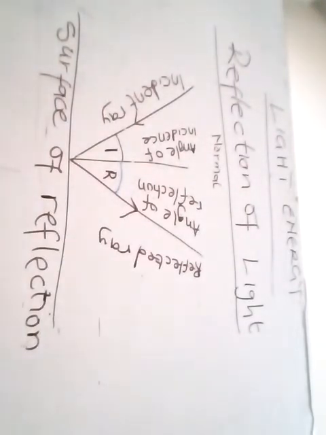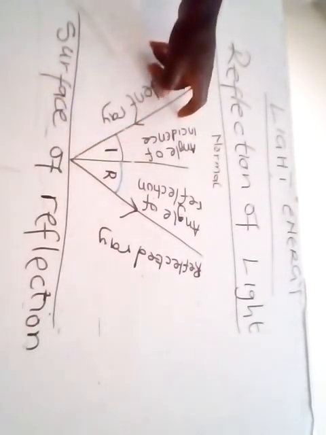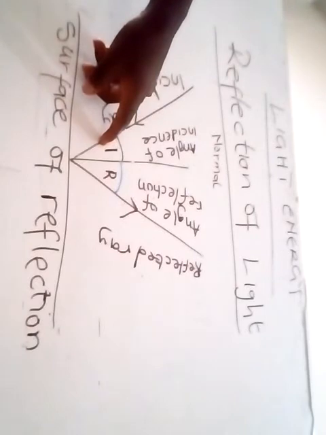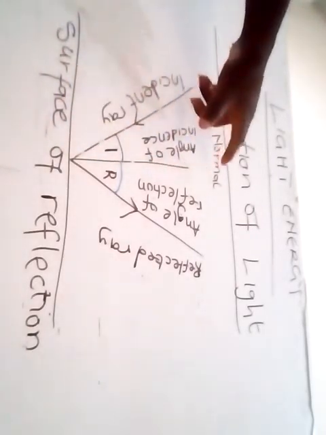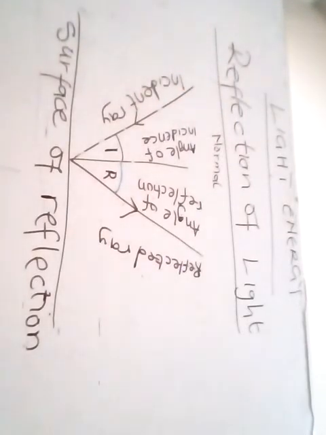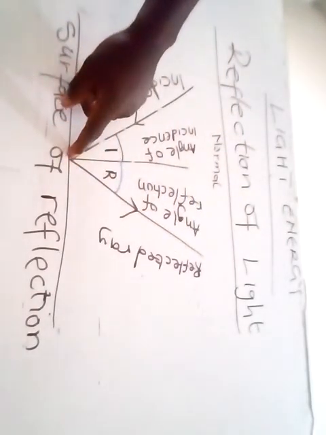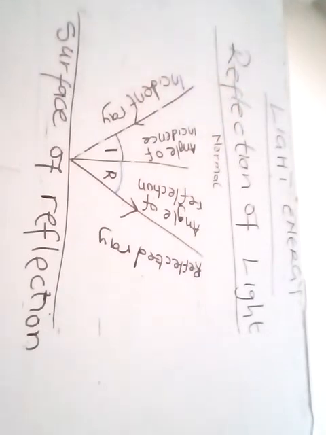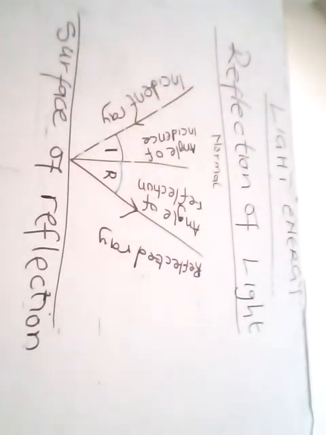The angle of the incident ray with the normal, this is the normal, is called the angle of incidence, while the angle of reflection is the angle of the reflected ray with the normal. This is the normal. So please, a ray has an arrow or a direction. Okay.